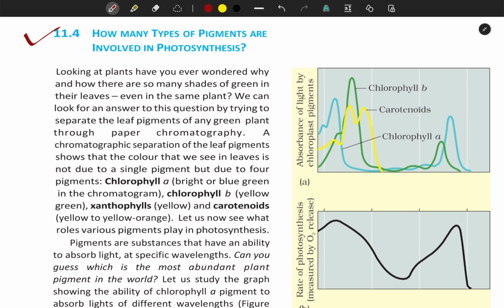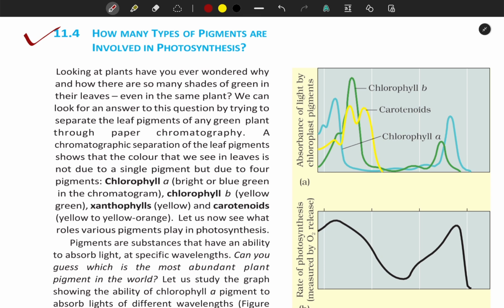A chromatographic separation of leaf pigments shows that the color that we see in leaves is not due to a single pigment but due to 4 pigments. Chlorophyll a is bright or blue-green in the chromatogram. Chlorophyll b is yellow-green. Xanthophylls are yellow and carotenoids are yellow to yellow-orange.